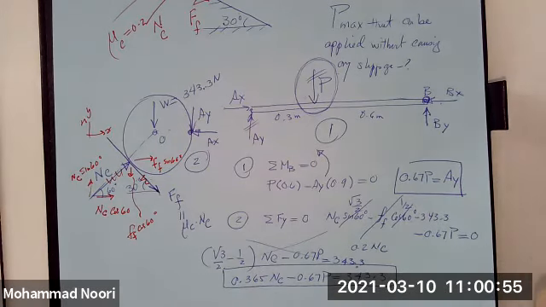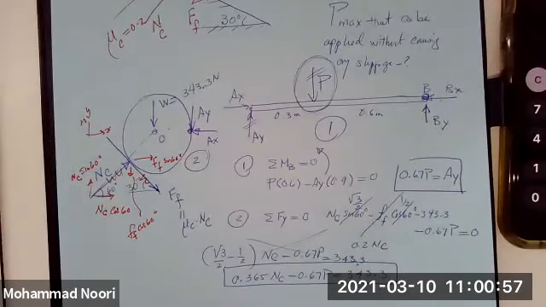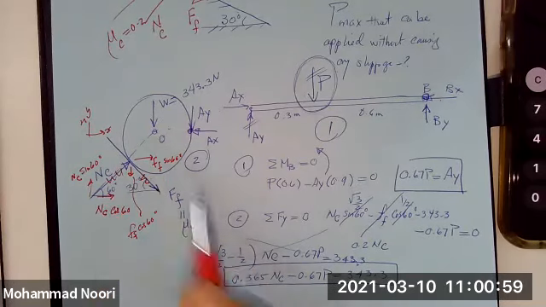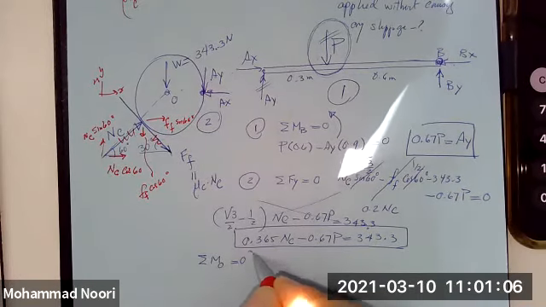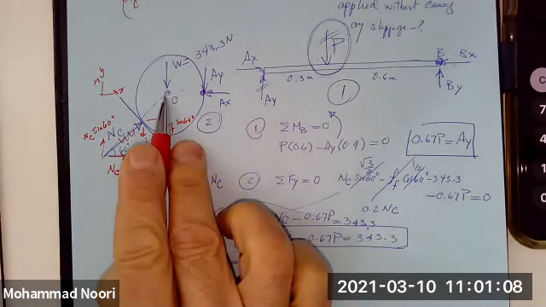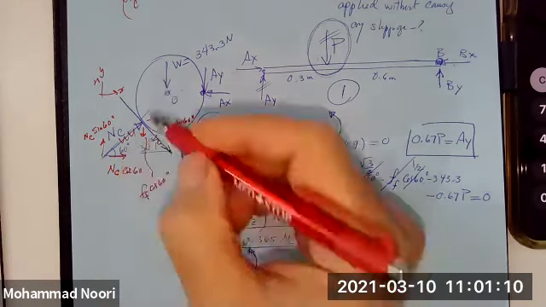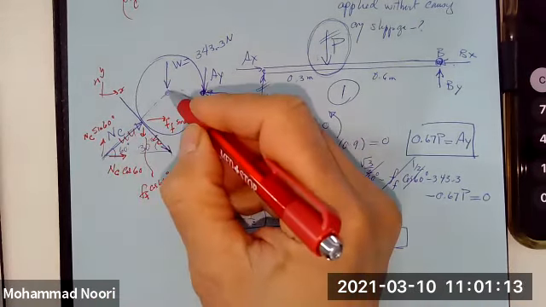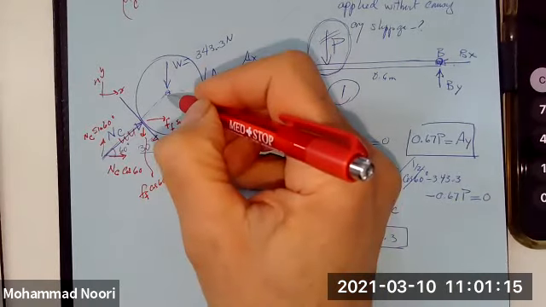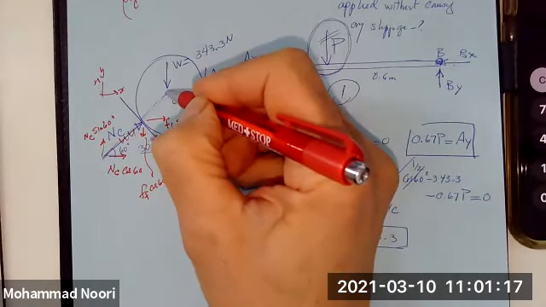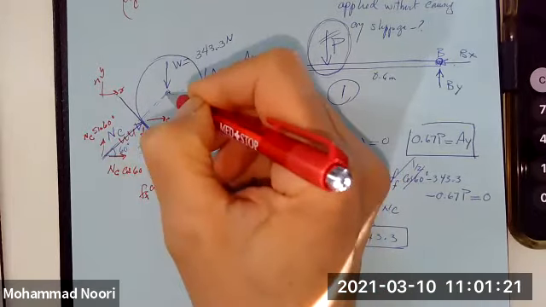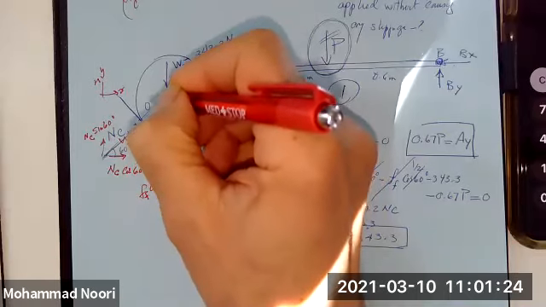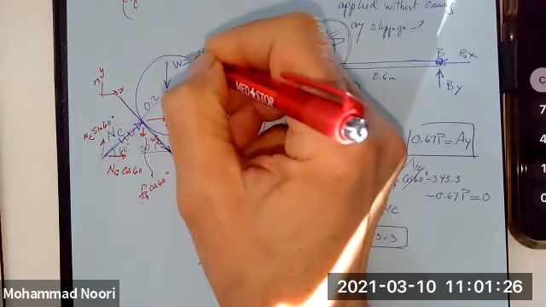This is another equation of equilibrium. The same diagram, now I write summation of moments about point O is equal to 0. If I take moments about point O, this force is going through point O, this force is going through point O, they don't generate any moment. This force is at a normal distance of R, which is given 0.2 meter, generates a moment.